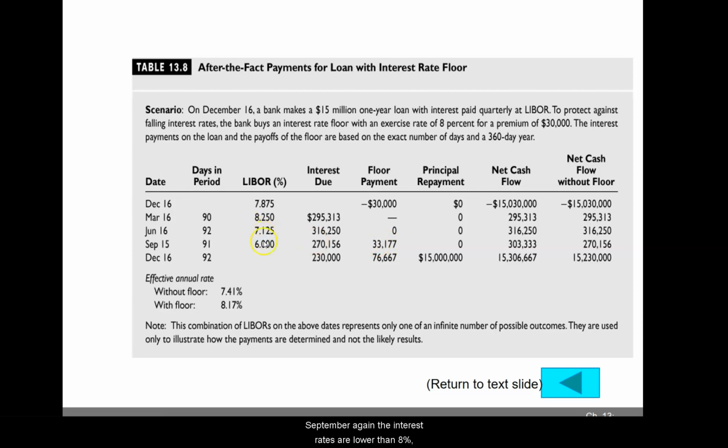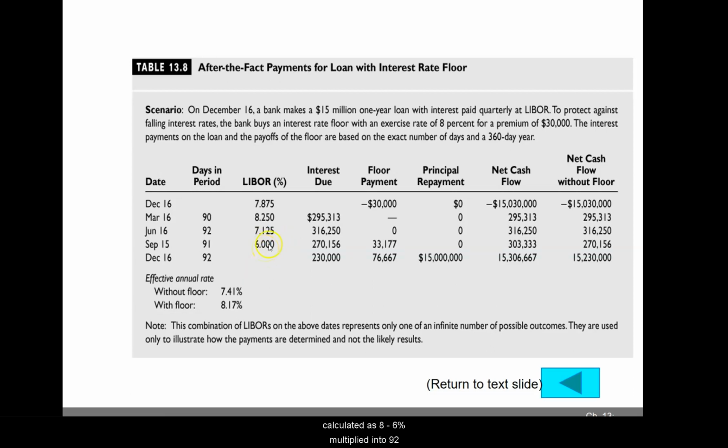At the beginning of the fourth quarter, that is on 15 September, again the interest rates are lower than 8%, 6% to be exact, and we see that the third floorlet is also in the money.